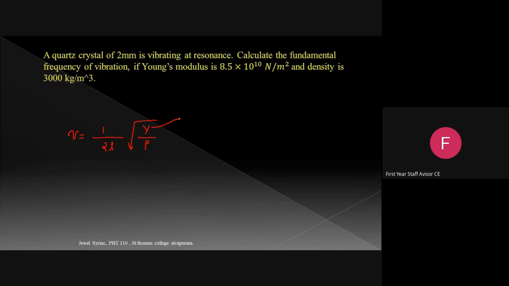Y is Young's modulus, and rho is the density of the crystal or the material in which it is vibrating, and L is the thickness, and mu is the fundamental frequency at resonance. So ഈ ഒരു മൊഡ്യൂളിൽ ചോദിക്കാൻ സാധ്യതയുള്ള second most important question ആണ് this type of question.